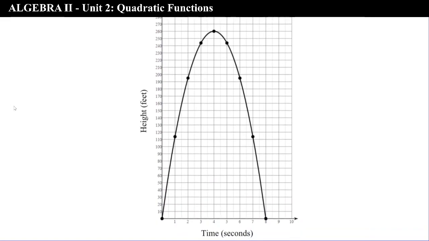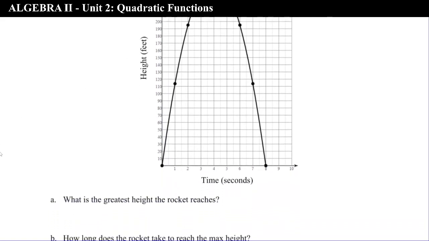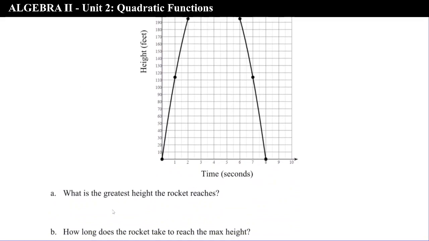Okay, so what we're going to do is we're going to use this graph to identify a few things. So first of all, what is the greatest height the rocket reaches? Well, if we look at the top here, this is the top height that it reaches, and the number that goes with it is 260. So we're going to put that in here first. 260 feet is the greatest height the rocket reaches.